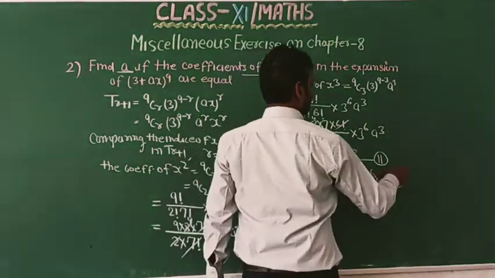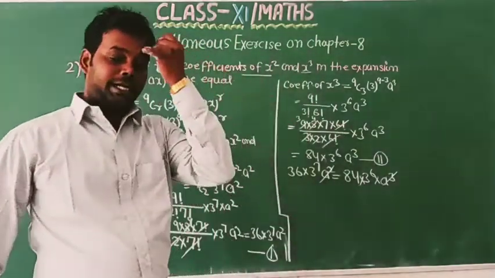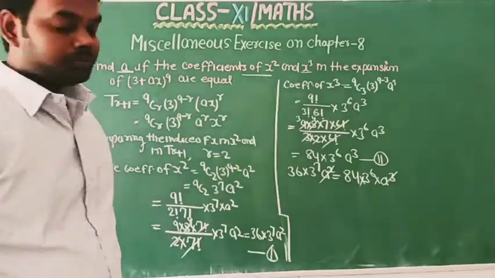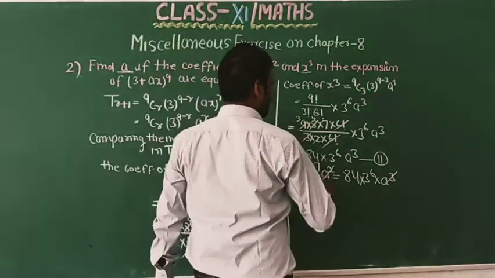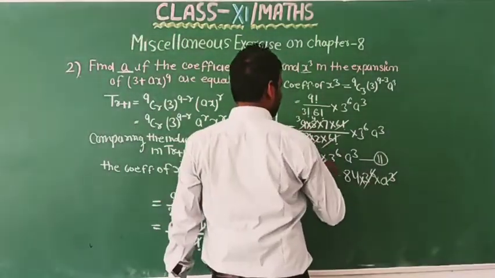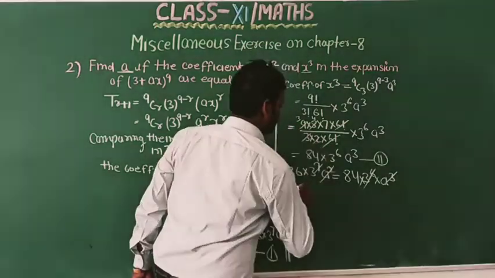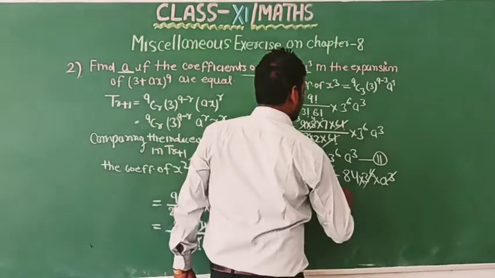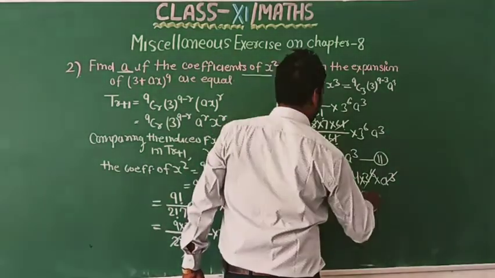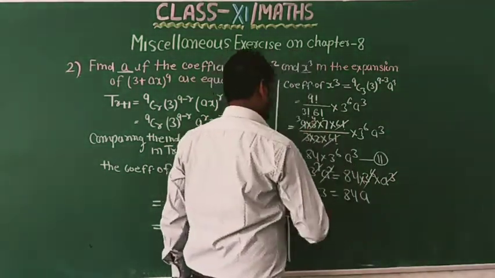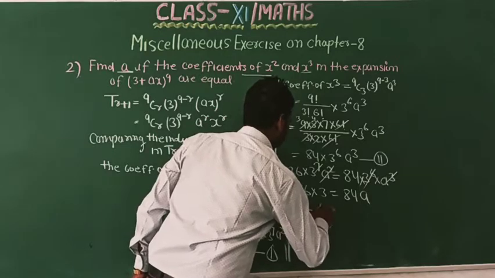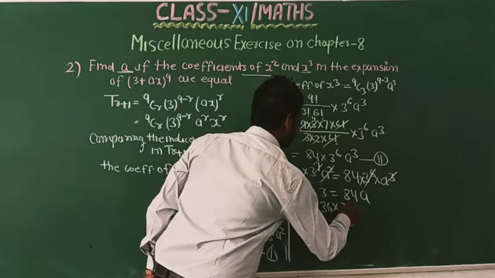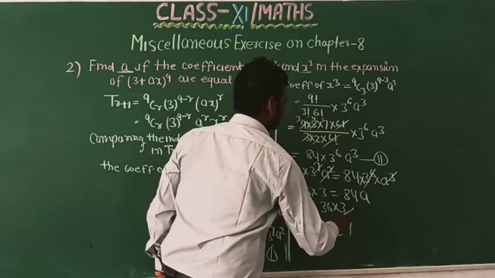So a square on both sides cancels out, and the power of 3 also cancels. So this is 36 into 3 equal to 84a, and a equal to 36 into 3 by 84.